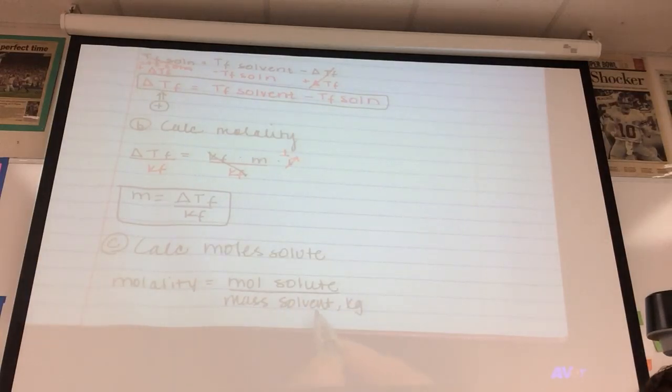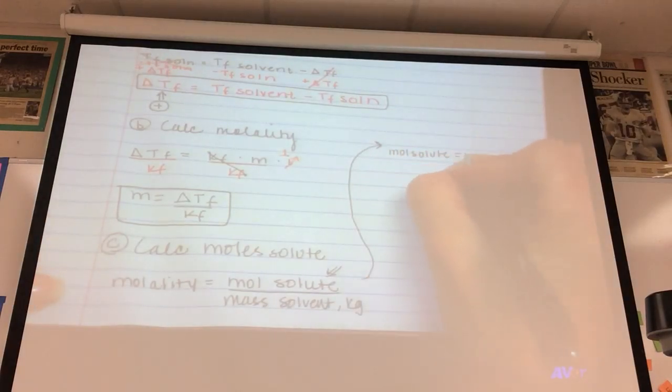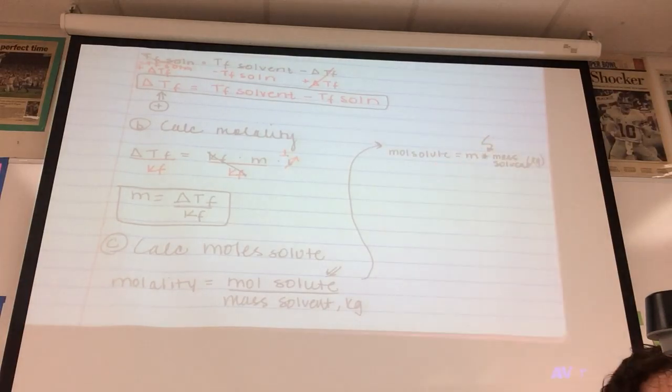So if I wanted to calculate the moles of solute, what would that be equal to? The moles of solute is equal to the molality times the mass of the solvent in kilograms. You multiply. This is the most common error that I see. And we're going to be using all these steps several times in our practice problems, and you should be very successful with it.